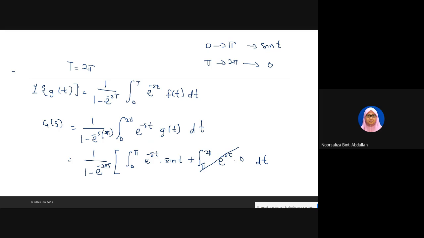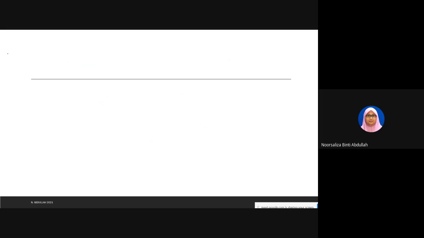So this part is cancel. Tak payah buat dah, sebab dia 0. So you just have this one: GS equals to 1 over 1 minus exponent minus 2 pi s, you integrate from 0 to pi exponent minus st sin t dt.